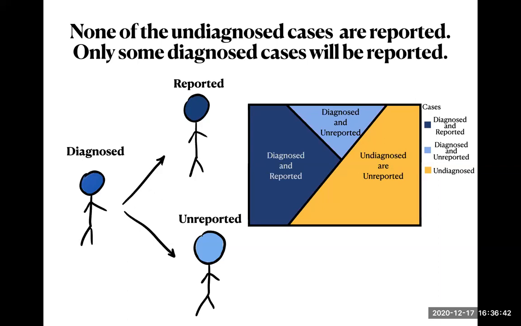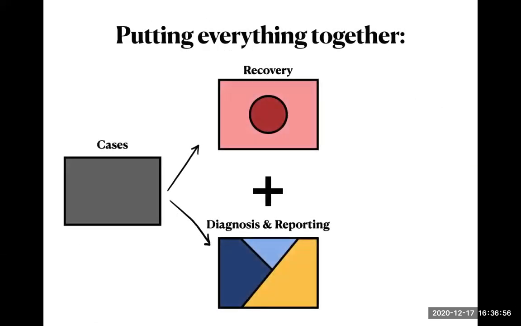As acknowledged by the paper authors, there can be many sources of imperfect reporting, including data errors, differing reporting guidelines, reporting infrastructure, and time lags in the transfer of information. Let's overlay these proportions over deaths and recoveries.